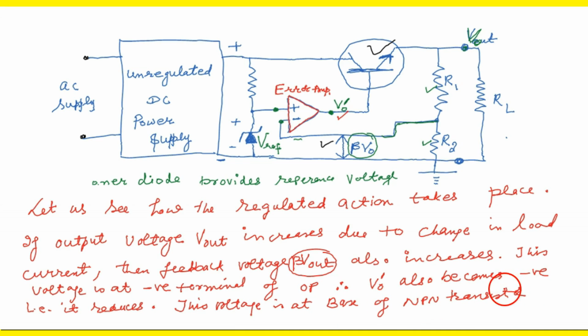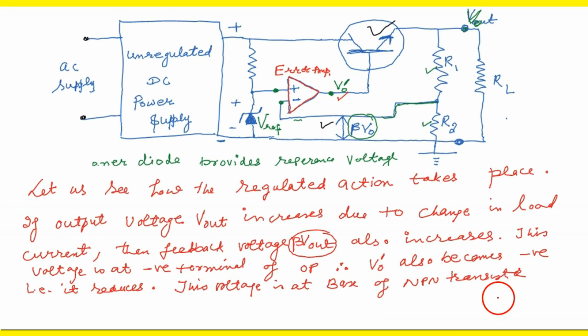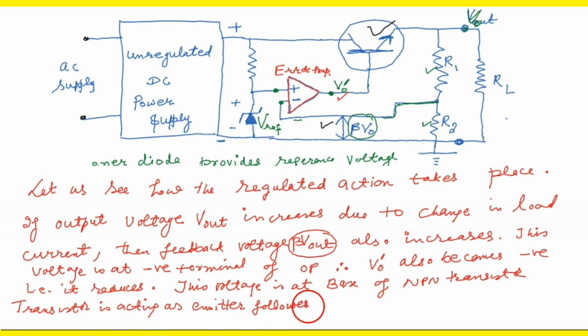That means reduction in the base voltage, and reduction in base voltage means, because the transistor is acting as an emitter follower, the emitter current also decreases.